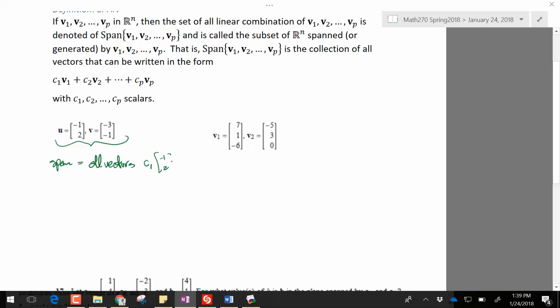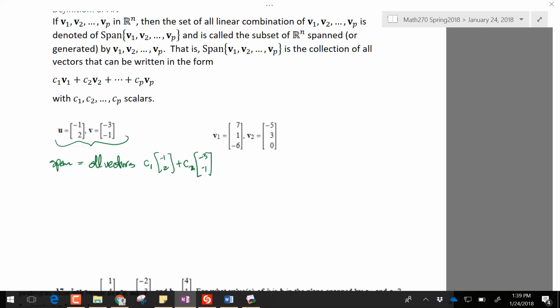So the span is going to be all the linear combinations. We can write mathematically C1 times the first vector plus C2 times the second vector. So the span can be all the vectors that can be written in this form.